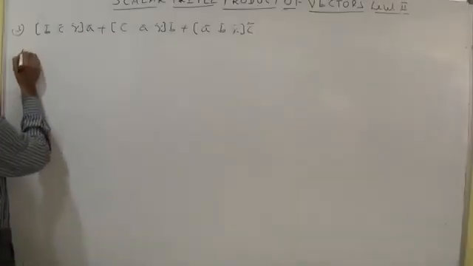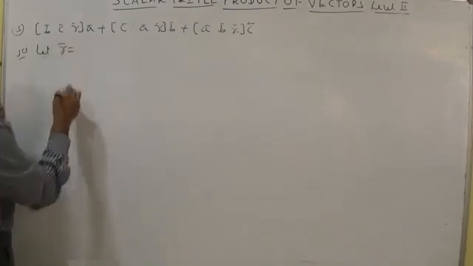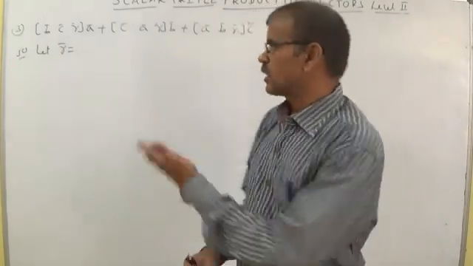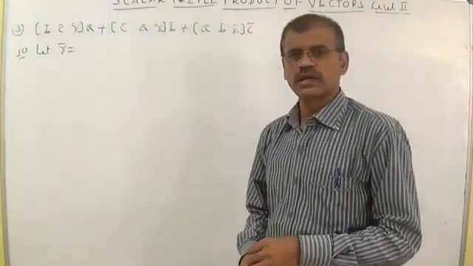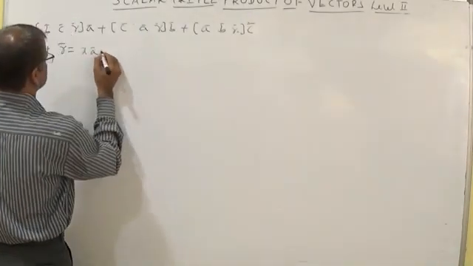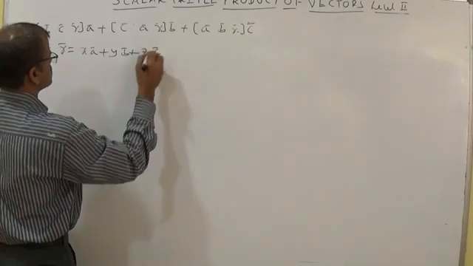Then what is the value? Let us do one thing according to the general position of the vector. R bar is equal to x i bar plus y j bar plus z k bar. Here, according to A, B, C, you can say that R bar is equal to x A bar plus y B bar plus z C bar.